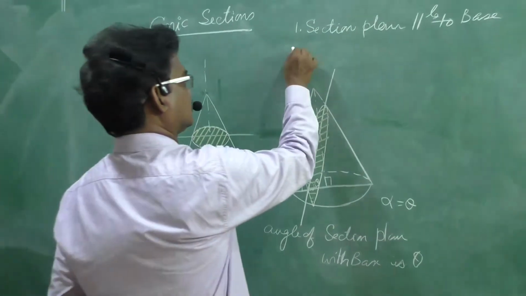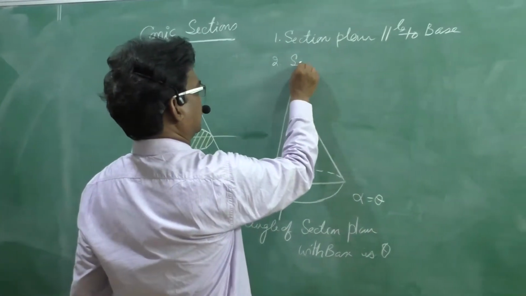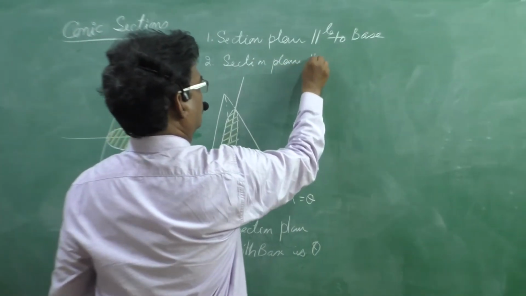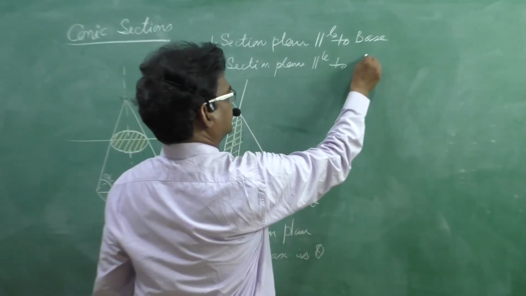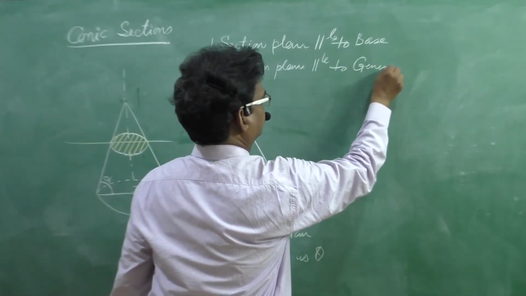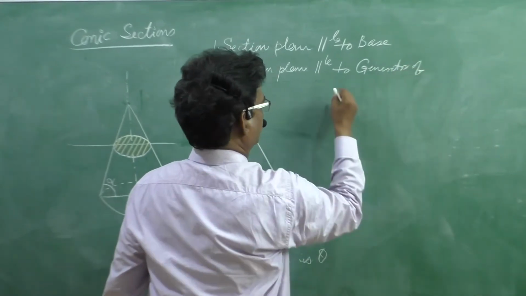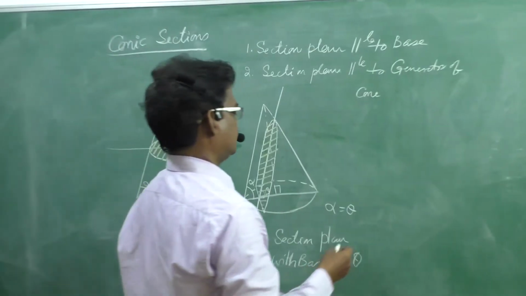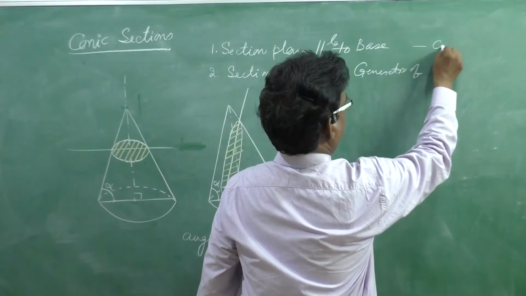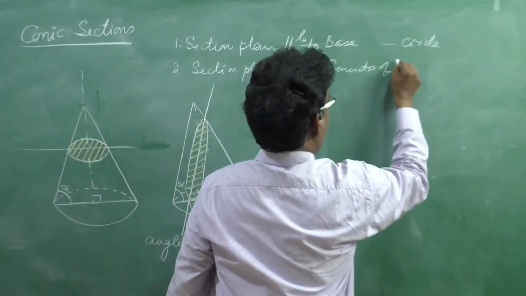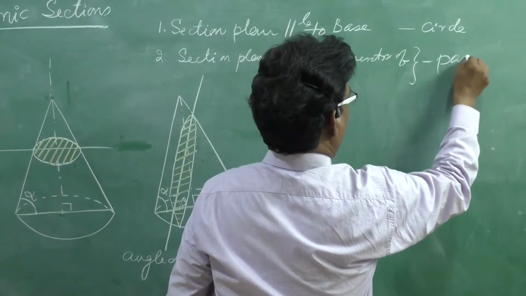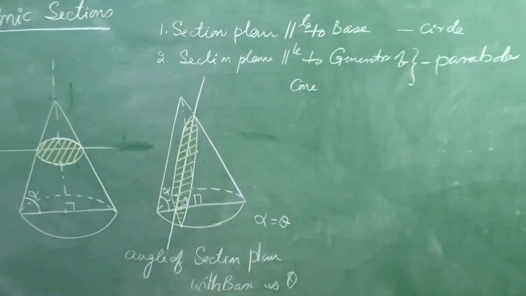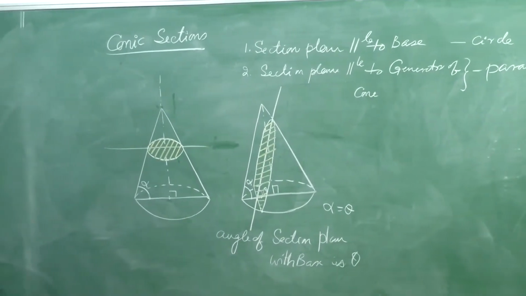That means the second case, the section plane parallel to the generator of cone, then the formed shape is parabola. The first one is circle, the second one is parabola. Now we can go for the next case.